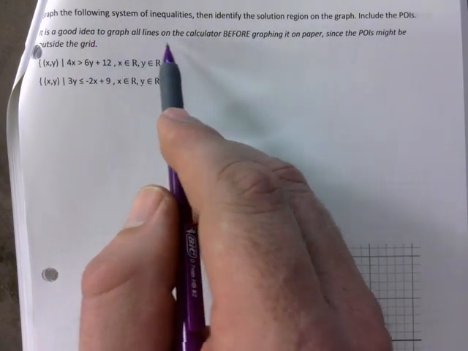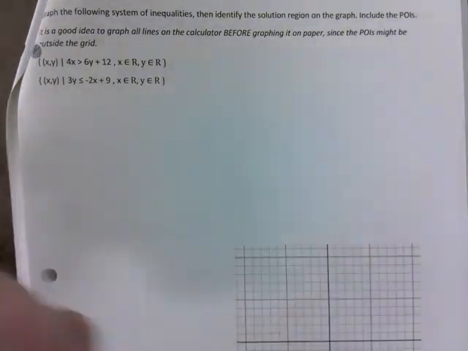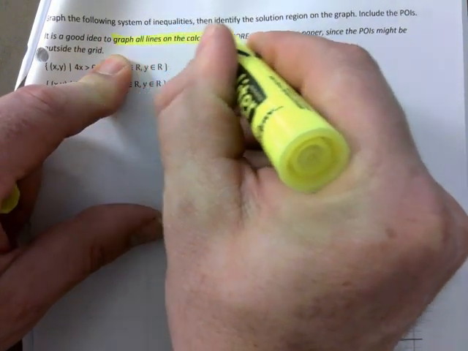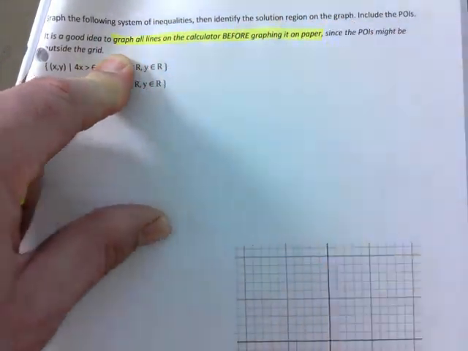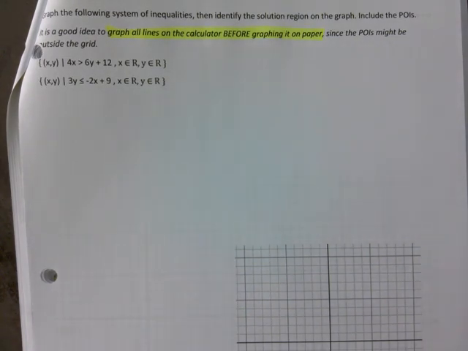It's a good idea to graph all lines on the calculator before graphing it on paper. I will suggest that, but you do whatever works for you. But sometimes if you don't do that, some of the POIs are outside your grid, and that's frustrating.